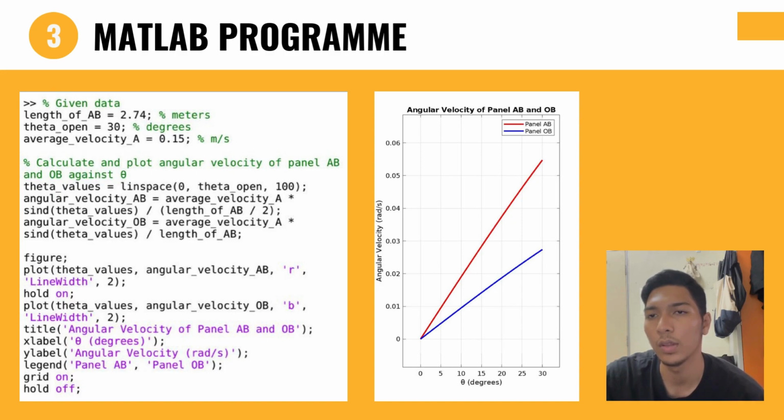So next we use the coding line width. As we can see in our coding, we write plot theta values and angular velocity AB.